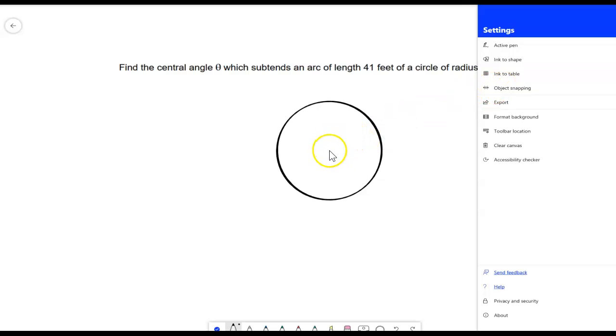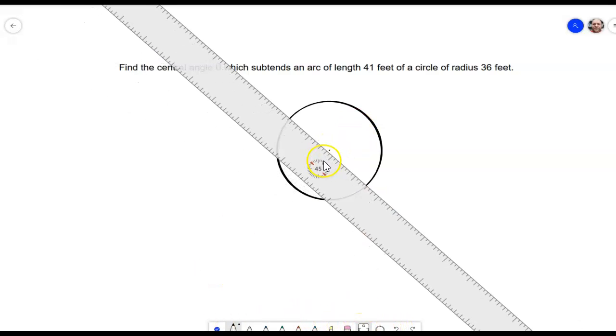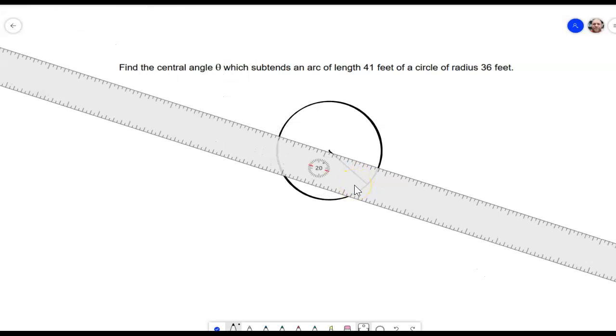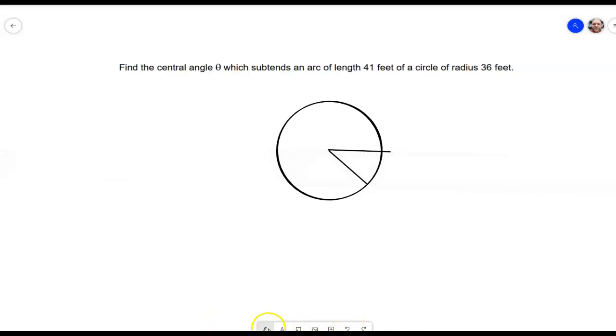So if I draw a center point there and then draw a couple of lines, I don't really need to be too exact, but let's just say it looks something like this.